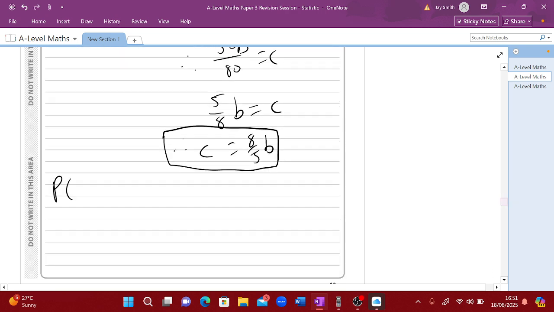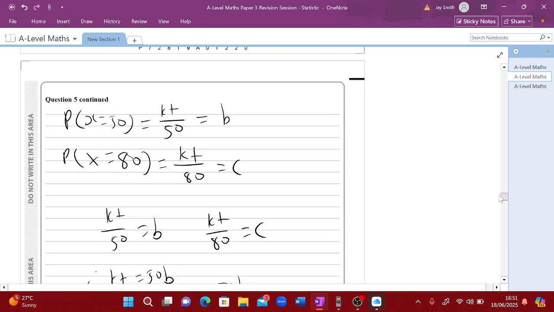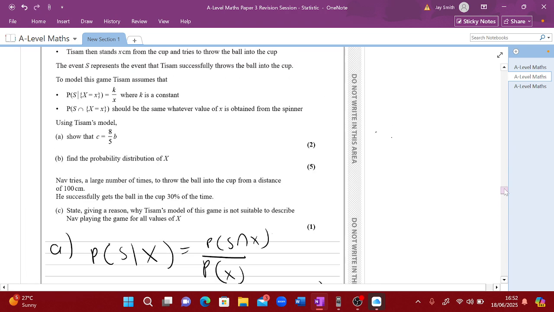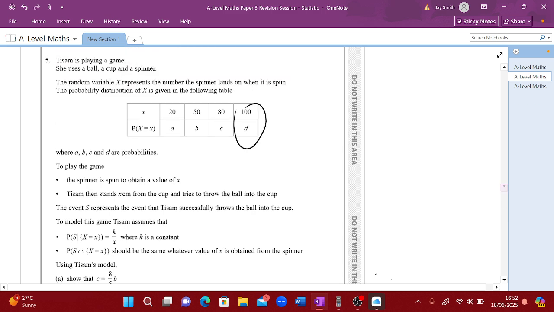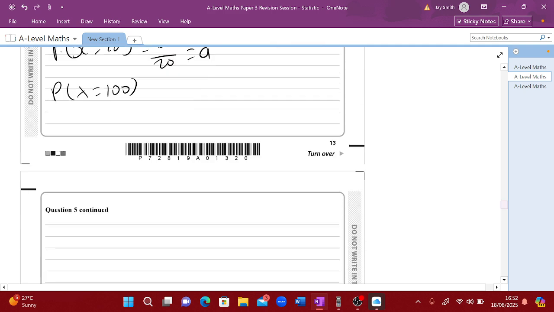We considered two of the probabilities already, so let's consider the other two. So when X is 20, that's going to be equal to KT over 20, which is A. And the probability X is 100, the last value up here, is D, but that's also KT over 100. And that's going to equal D.